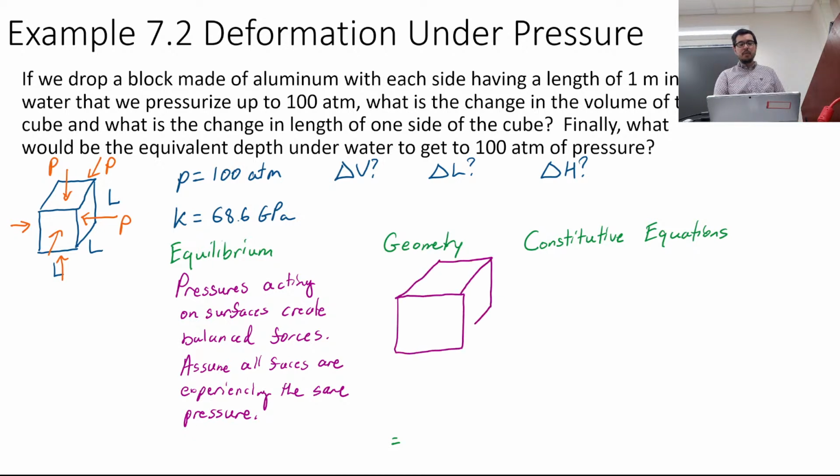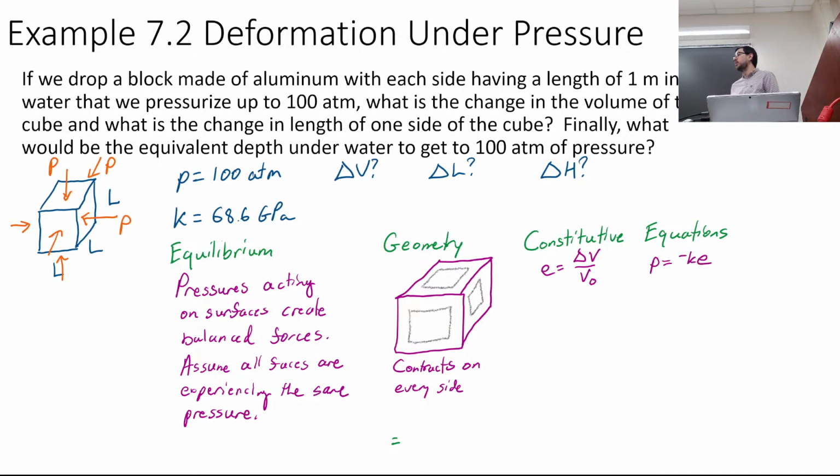In terms of the geometry, we have a cube, and we expect it to contract. We expect it to get smaller. And in terms of constitutive equations, we know what dilatation is, and we have a relationship between pressure, bulk modulus, and the volumetric strain. Dilatation being the volumetric strain.